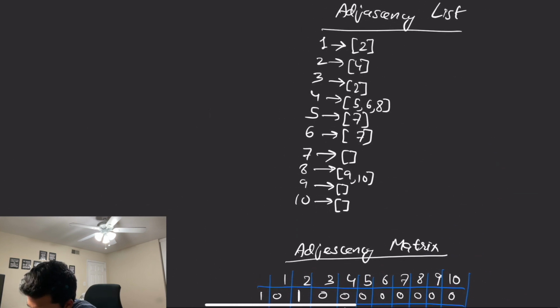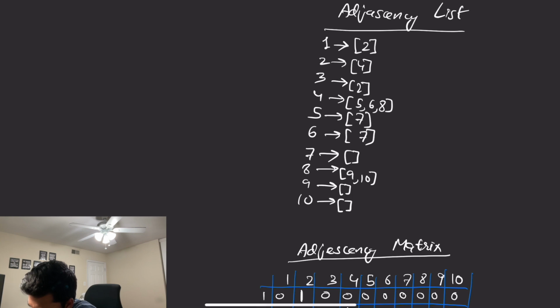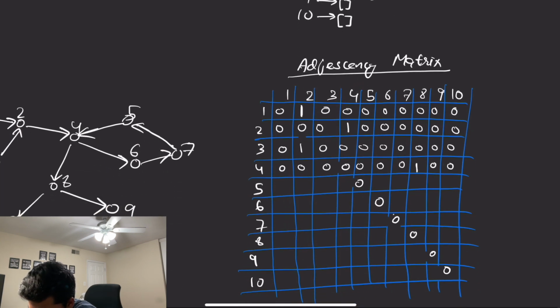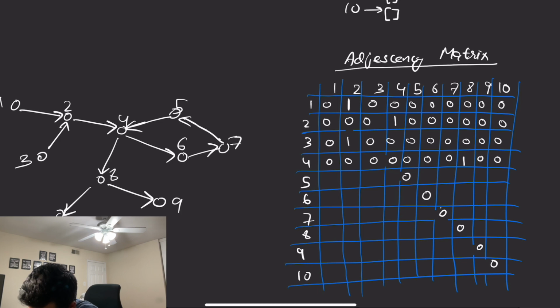Anyways, what I'm trying to get at here is that it's essentially the same representation, but we are just using a matrix to represent this concept. And so now 4 would have 5, 6, and 8. So it's the same thing. We're just using a matrix to represent it.